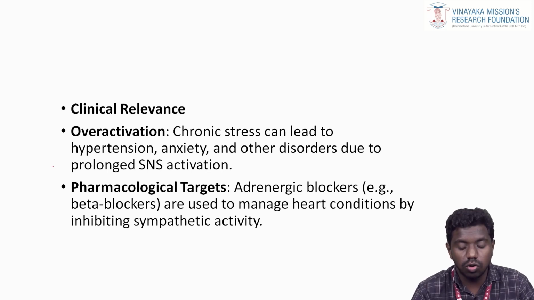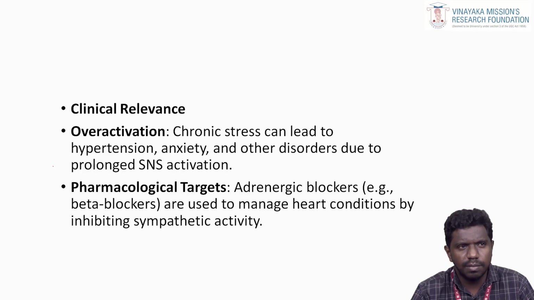Pharmacological targets are adrenergic blockers; for example, beta blockers are used to manage heart conditions. Hypertension further leads to cardiovascular diseases, and beta blockers are used to prevent cardiac conditions, especially hypertension, by inhibiting the sympathetic activity.